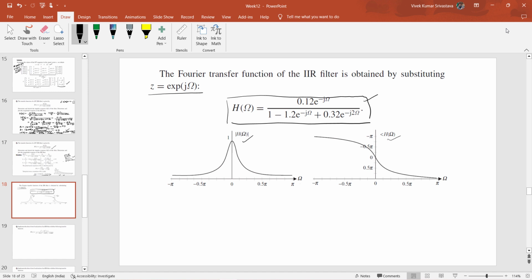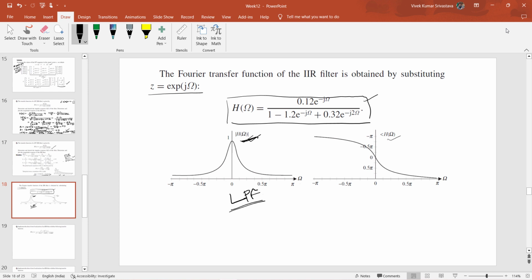From here we can infer that the magnitude of h of omega has a value of 1 for omega equal to 0, whereas for a higher value of omega, that is pi, it has a magnitude almost 0. So this represents a kind of low pass filter, because it has a gain of 1 at lower values of frequency, whereas for higher values of frequency it has a value near about 0.